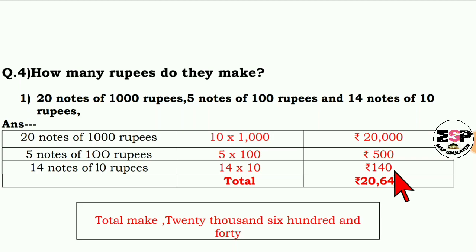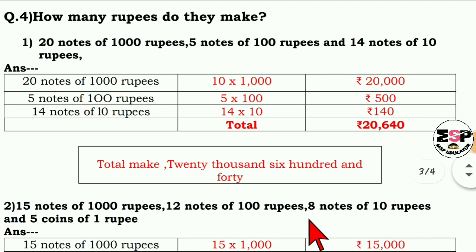Now here you are going to do the addition of this column, meaning 20,000, 500 and 140. You have to do the total, the addition. So it will be rupees 20,640. So it will make the total 20,640. It is written in words. Okay.